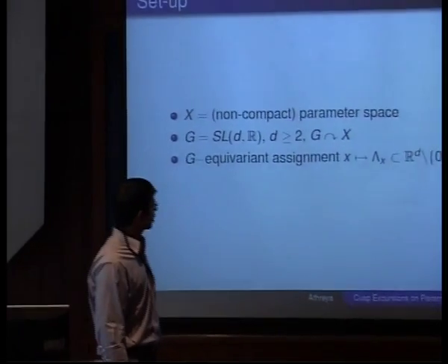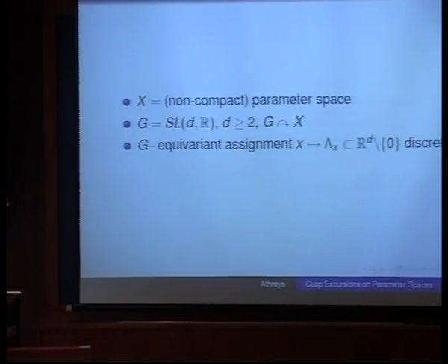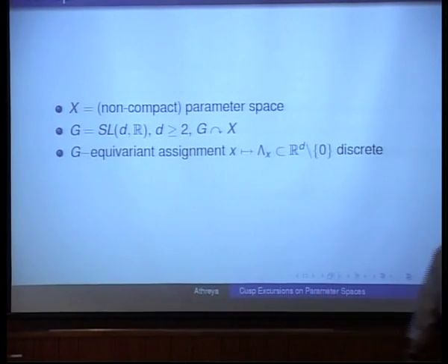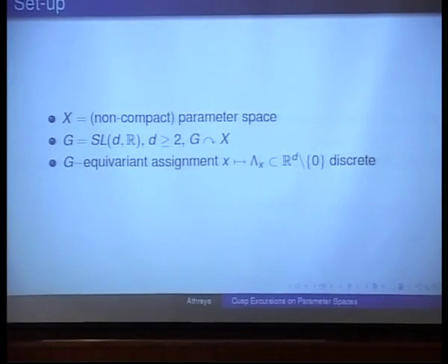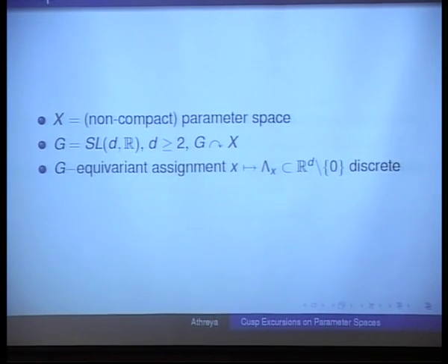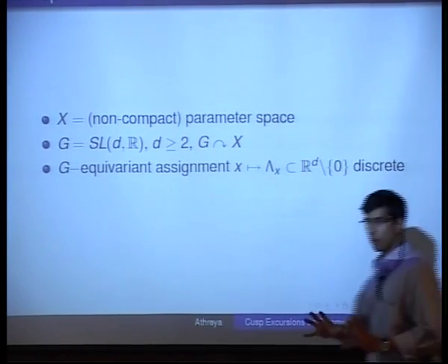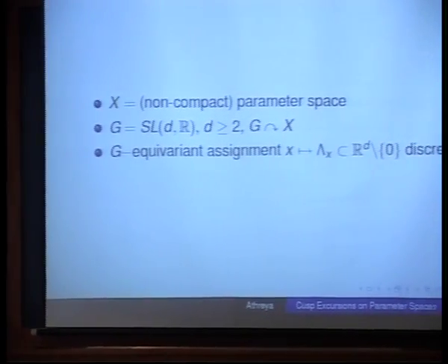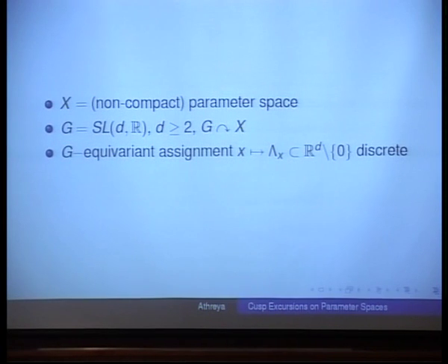So when I say G-equivariant, I mean if I look at gx, then lambda sub gx should equal g lambda sub x, G-equivariant. So if I move my points, I move my associated discrete set in the exact same fashion.